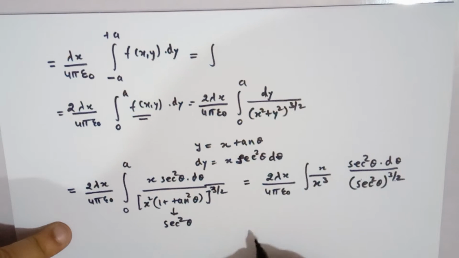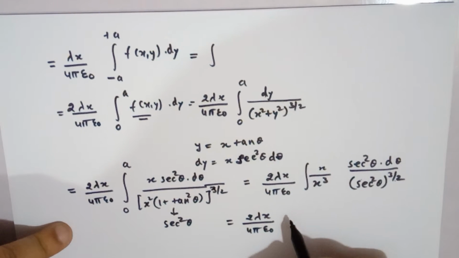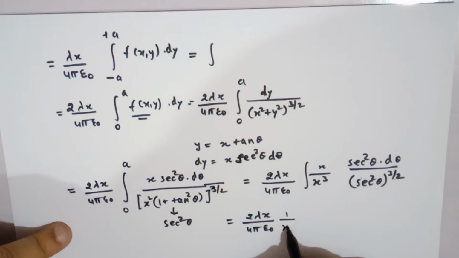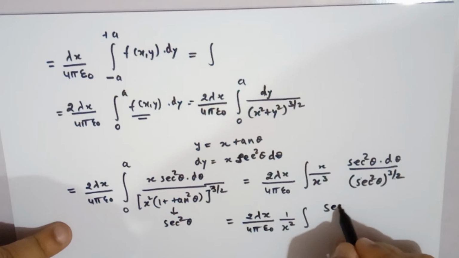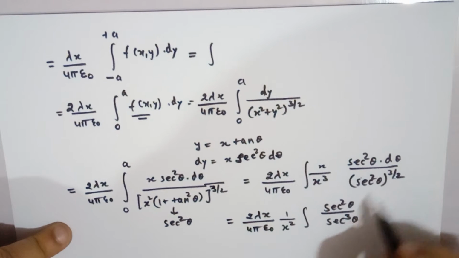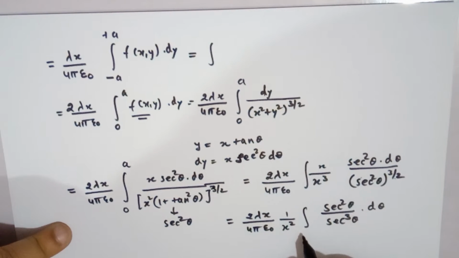So the final term would be 2 lambda x divided by 4 pi epsilon naught, and here this x would cancel out, so that would become x square in the denominator, and that would be sec square theta divided by sec cube theta basically, d theta, and that is from 0 to the limit a.